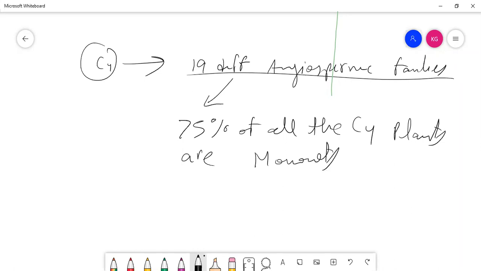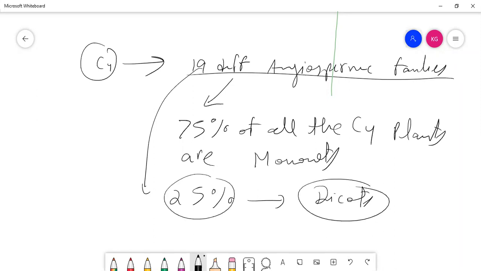So 75% of all the C4 plants are monocots. That means only 25% are dicots. 75% of the C4 plants are represented by monocots.